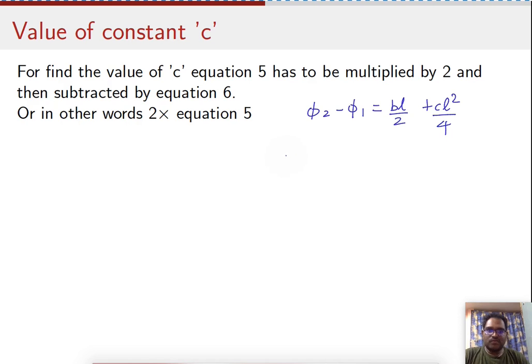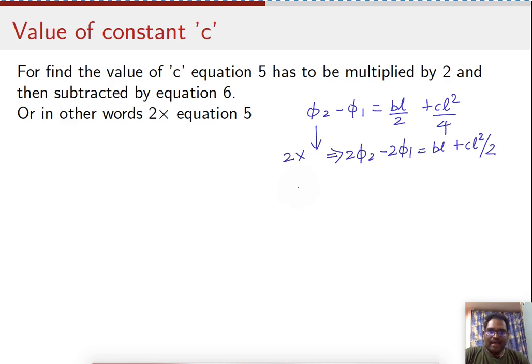This whole equation will be multiplied by 2. So what happens is, it is 2 phi 2 minus 2 phi 1 is equal to BL plus CL square by 2.